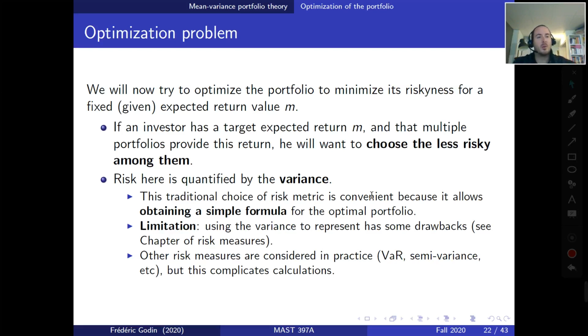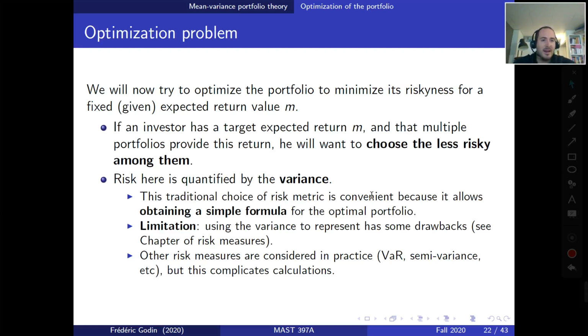We won't discuss entirely the drawbacks of the variance now because this will be done later, but to let you know: if a portfolio has, for example, scenarios where the return is very, very high, much above the mean, then this will have an upward pressure on variance.